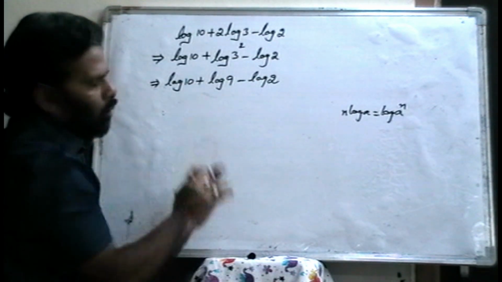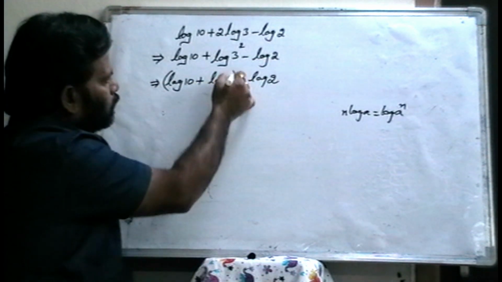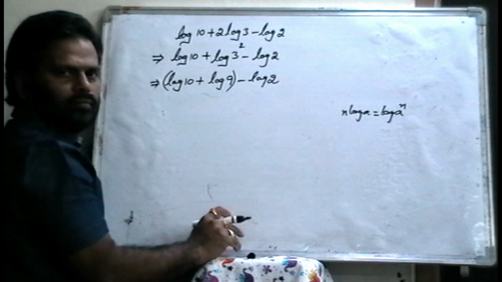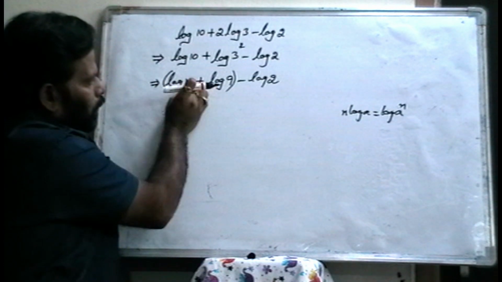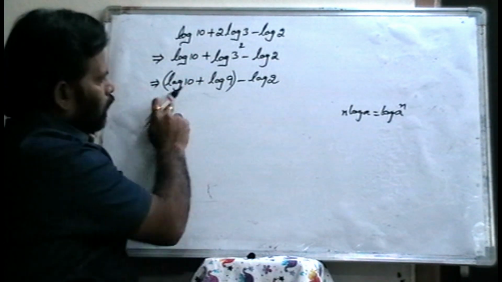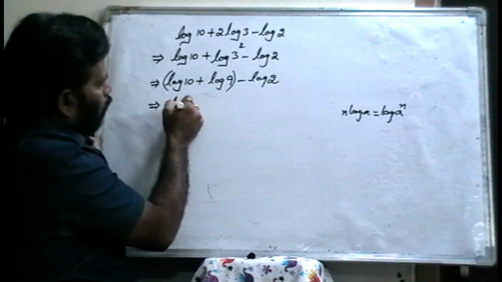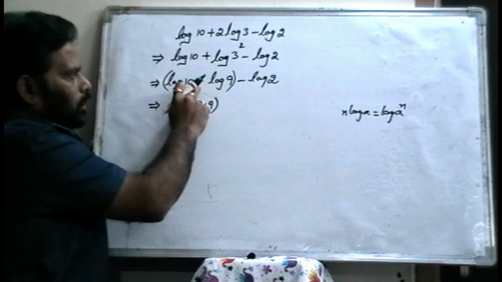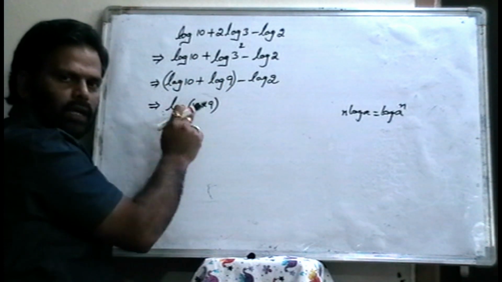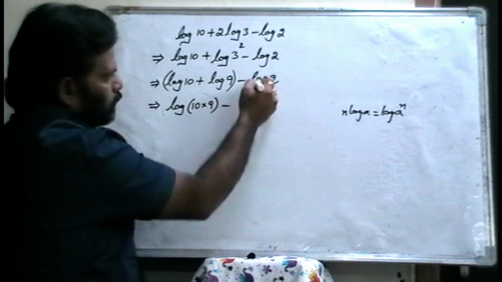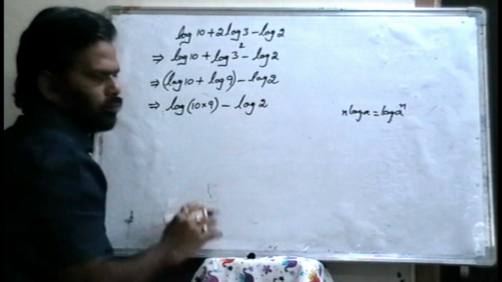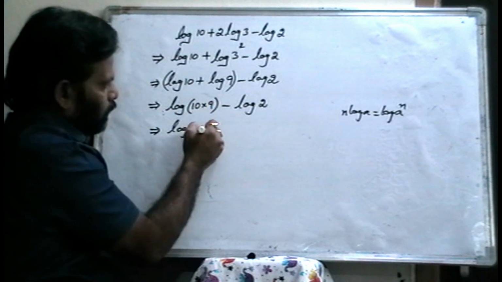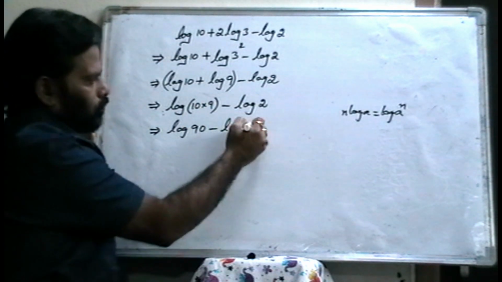Now only the first two terms are in the form of log a plus log b. Log a plus log b means log a into b, so log a plus log b is equal to log ab, minus log 2. Now that implies log 10 nines are 90, minus log 2.